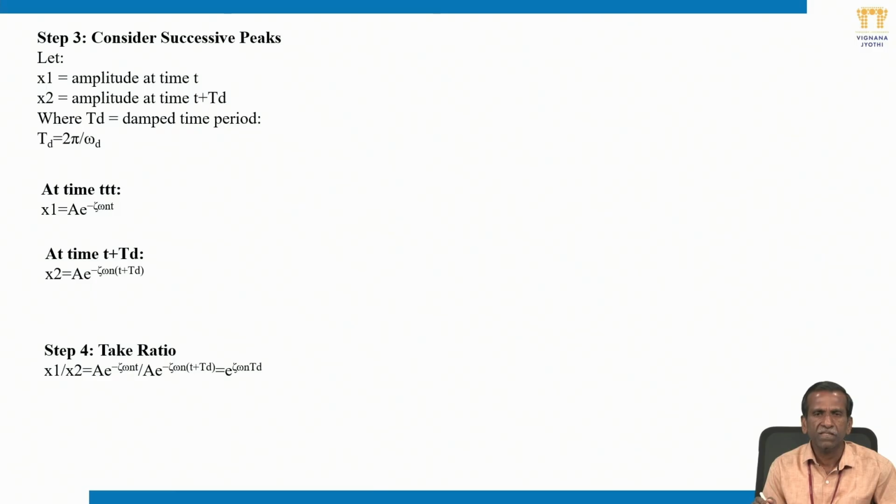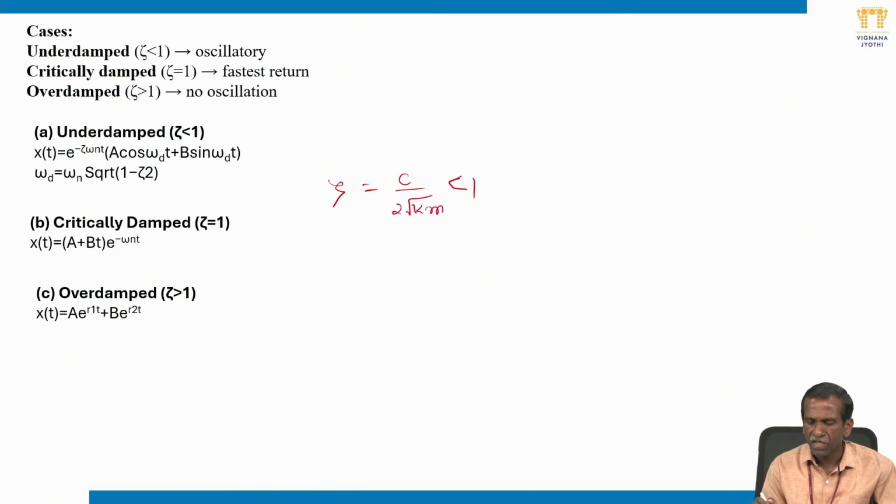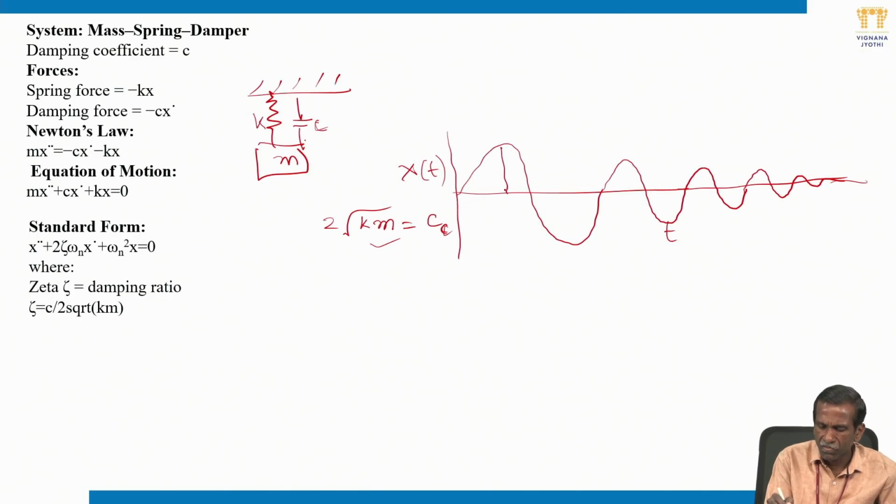Consider successive peaks. Let us say this is x1, the second one is x2, gradually decreasing, then x3, like that, up to xn, let us say.